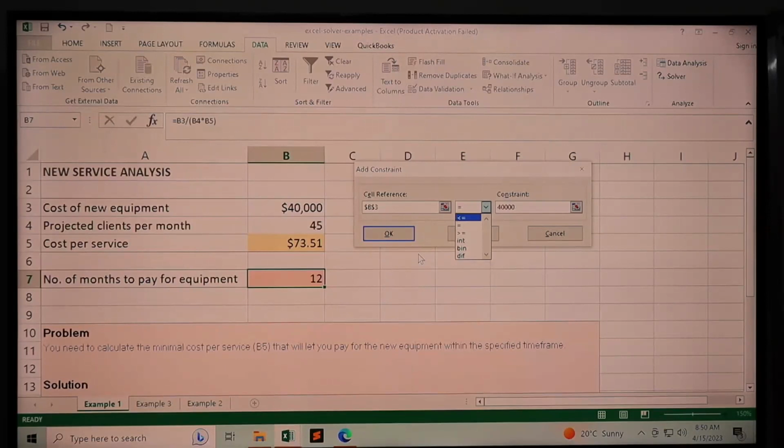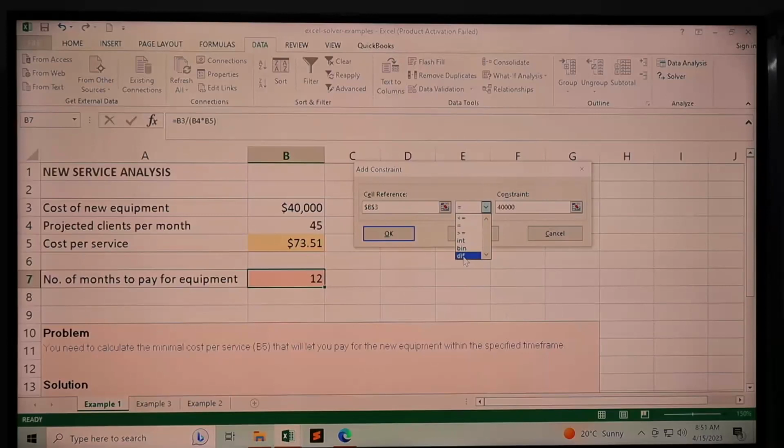Other choices you can choose, we have int for integer. If the reference must be an integer, that is a whole number. Then we have binary and different value, or diff.